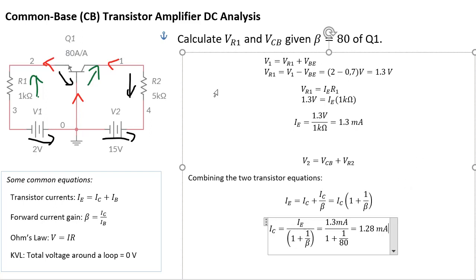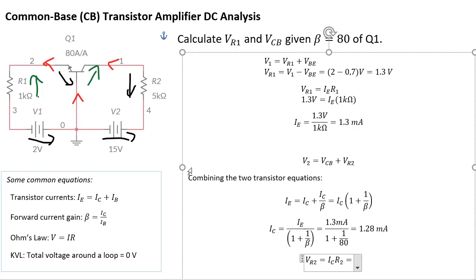Once we know what IC is, that's the current going through there, so we can then work out VR2. VR2 is simply, according to Ohm's law, V equals IR. So that's IE times R2, sorry, not IE, IC. So our VR2 is IC times R2.